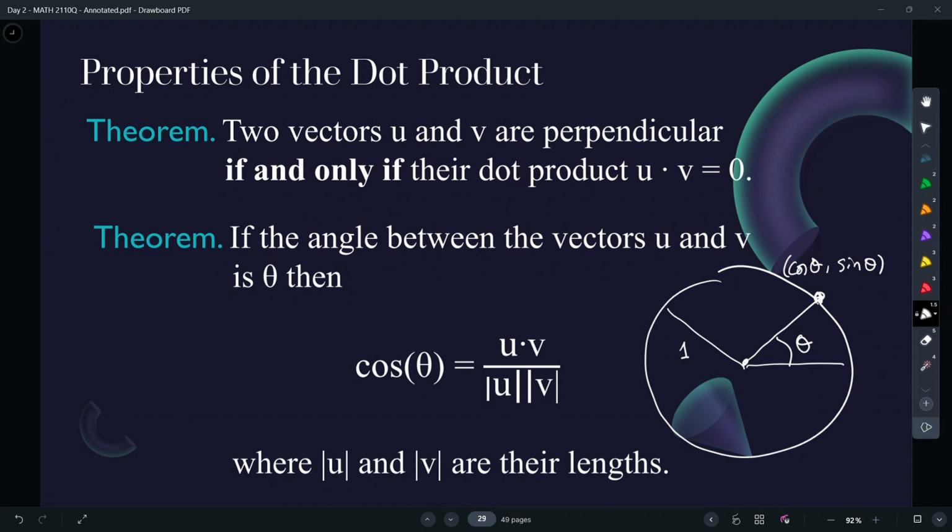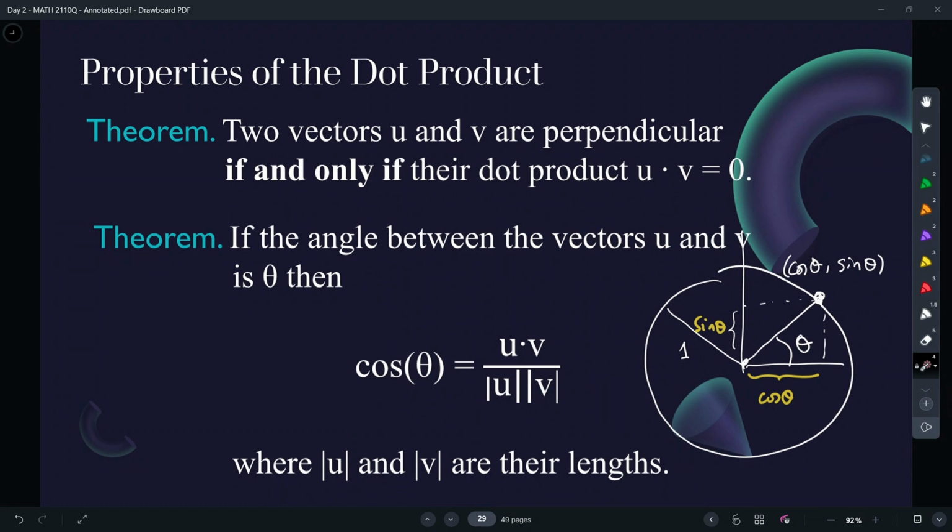So this length here is cosine theta, and this length here is sine theta. If you're at 90, then you are here, and the cosine, the x-coordinate, is 0. So the cosine of 90 is 0, and that's the angle we were looking for.